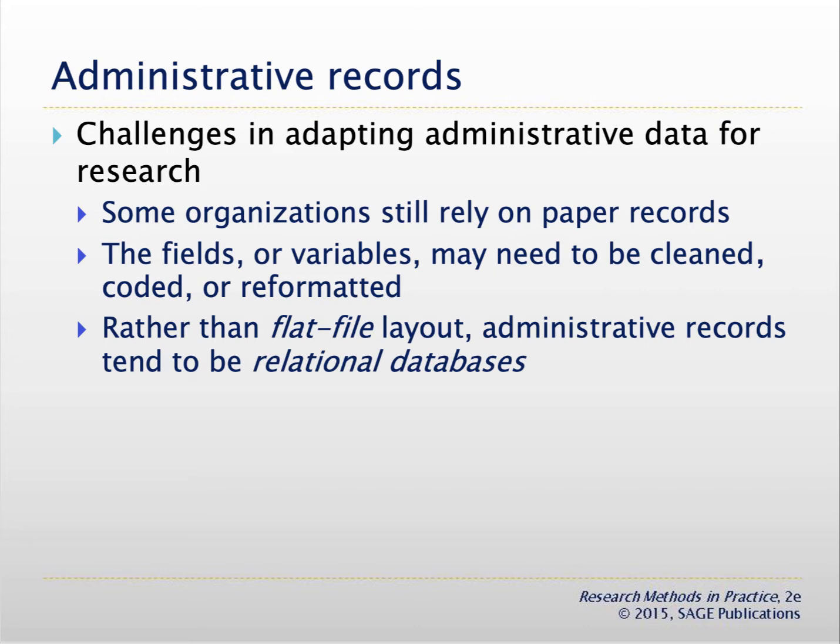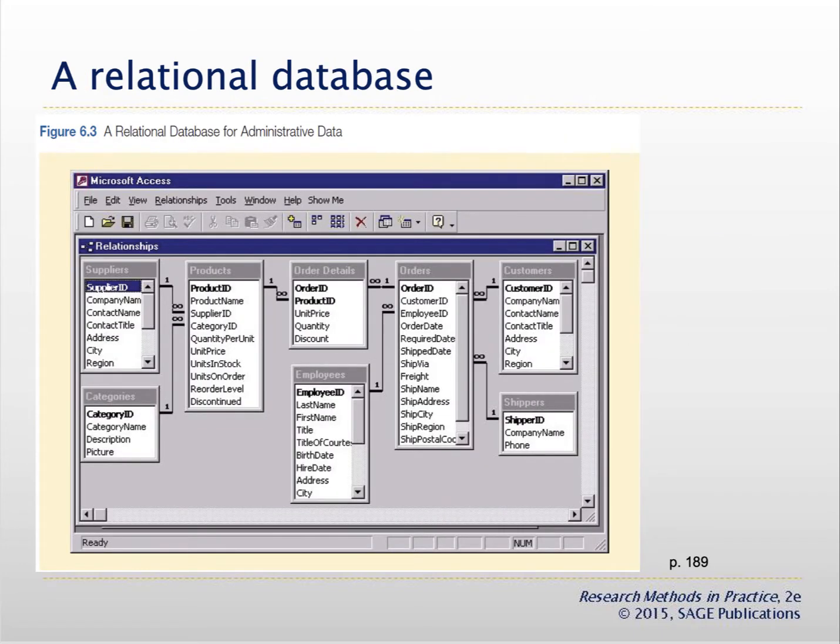And a big problem is that a lot of administrative records are in relational data sets, relational databases, Access, a whole bunch of these things where there isn't just one unit of analysis. Like maybe they want to look at it by company name, or by product, or by order. So there's a lot of different ways you can do it, which is precisely why relational databases are so valuable.